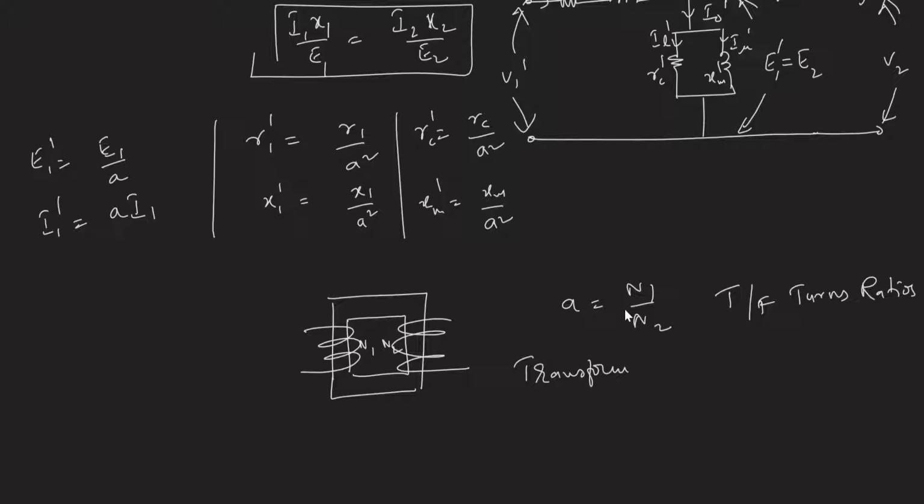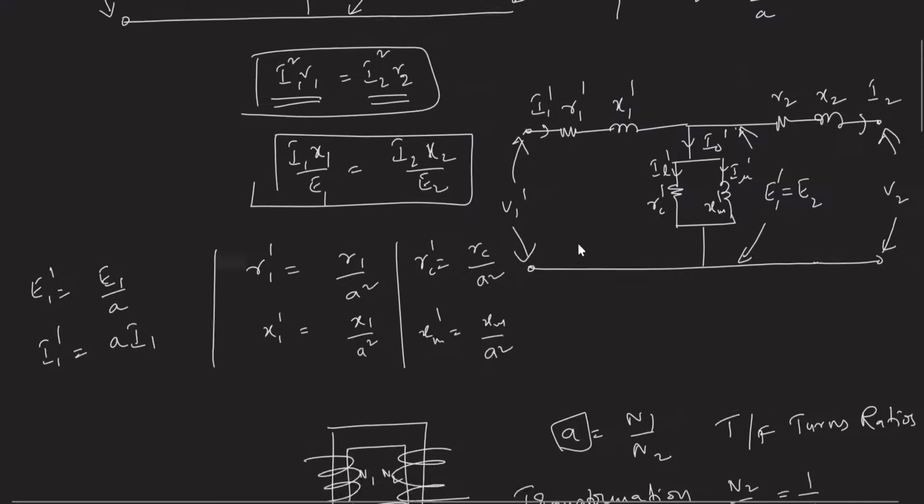They use the transformation ratio, which is defined as N2 by N1, which is the reciprocal of A. The transformation ratio of the transformer is N2 by N1, which is actually the reciprocal of what we have defined as A, right?